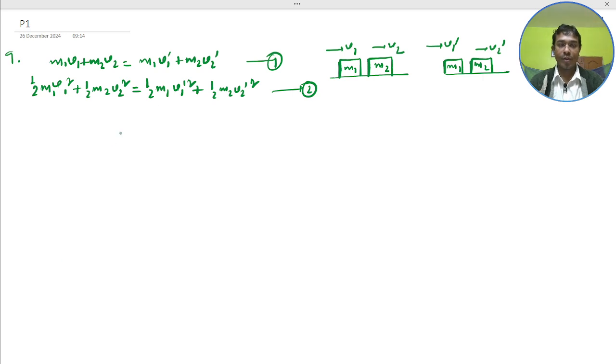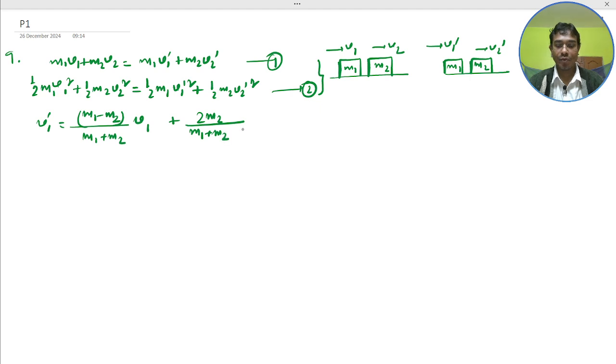Solving equations 1 and 2, we get the velocity after collision: v1 dash is equal to (m1 minus m2) by the total mass (m1 plus m2) into v1, plus 2 m2 by (m1 plus m2) into v2.